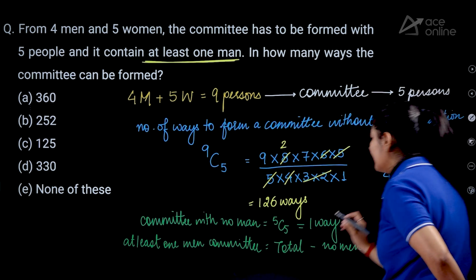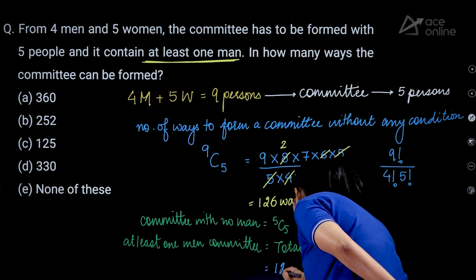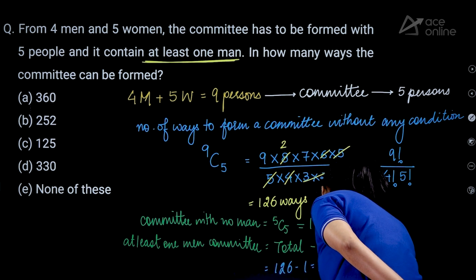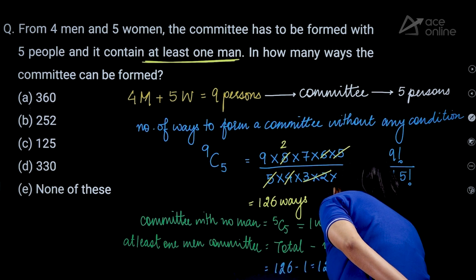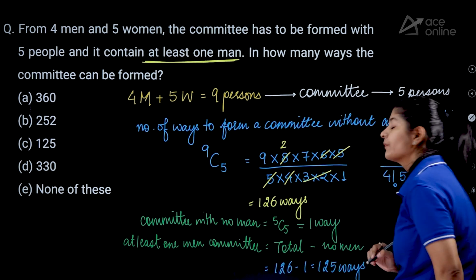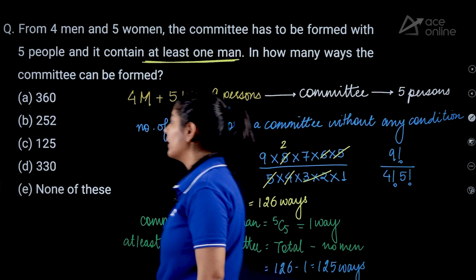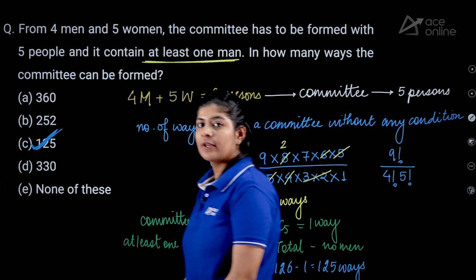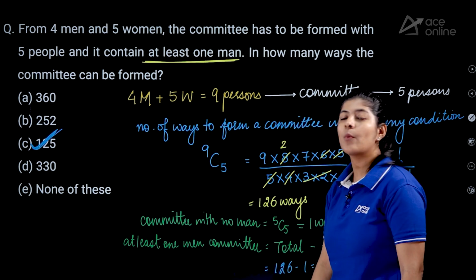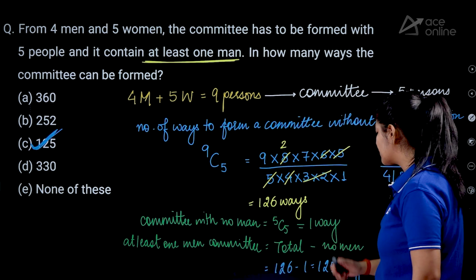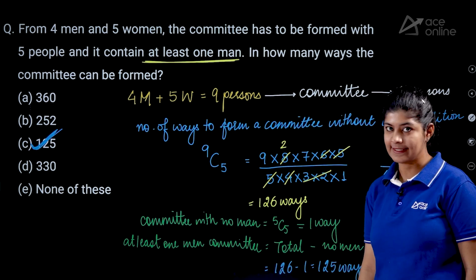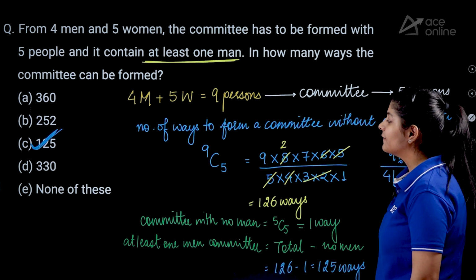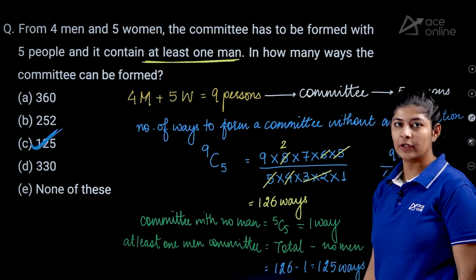And here we are getting 126 minus 1, and the correct answer that we are getting is, sorry, 126 minus 1, that is 125 ways. The total number of committees where at least one man is present is equal to 125 ways. Is it clear? So this is the first method through which you can solve it.